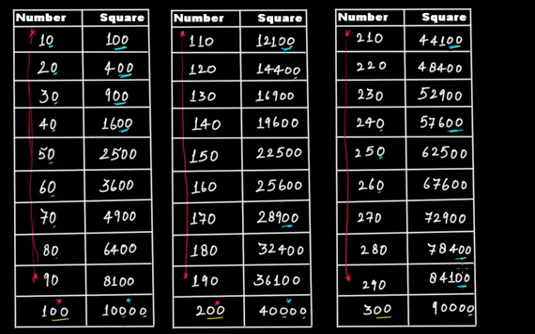But those numbers that contain 2 zeros have 4 zeros in their square numbers. So if a number has 1 zero, the perfect square of that number will contain 2 zeros. If your number has 2 zeros, its square number will have 4 zeros.